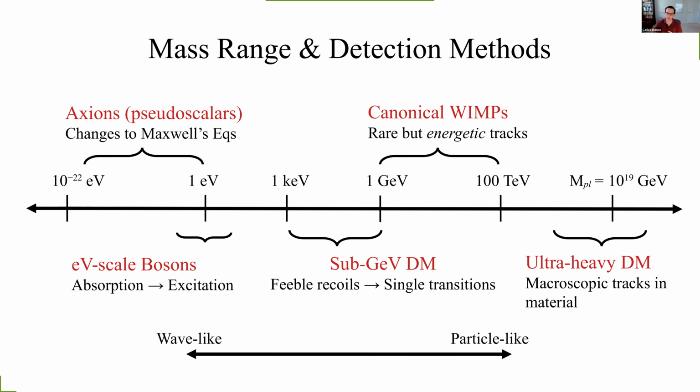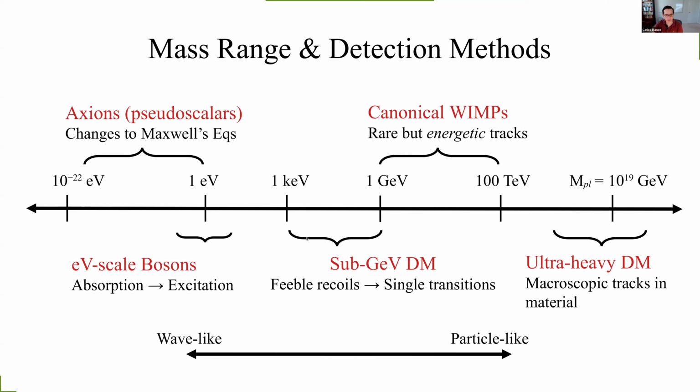And above a keV, something interesting happens. Above a keV, you're allowed to have dark matter that isn't just a boson, that doesn't just behave like a force carrier or something that can absorb, but something that starts to act like a matter particle, like something that can really strike and bounce off.